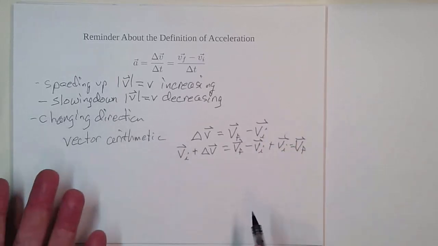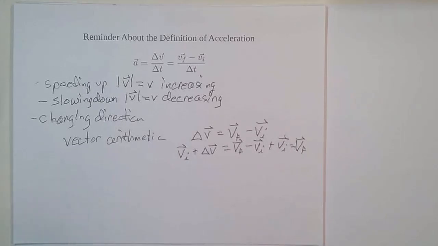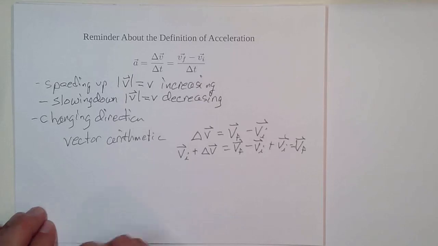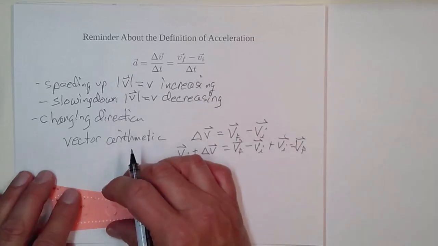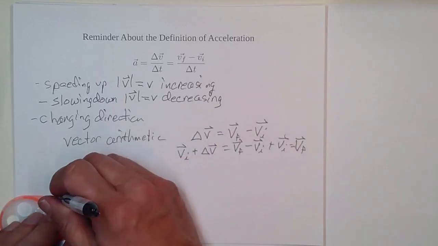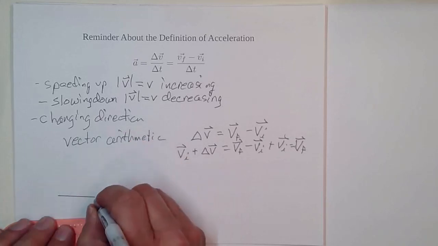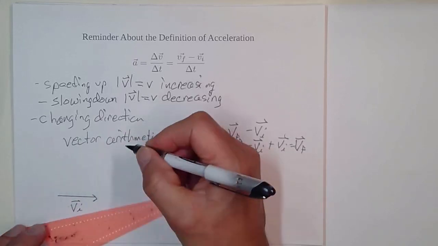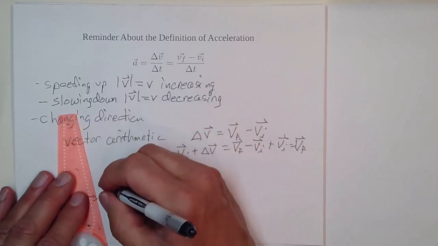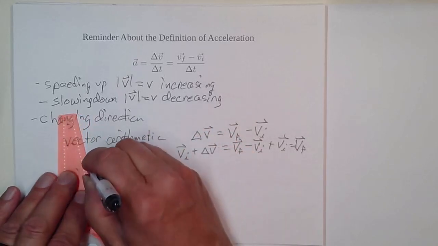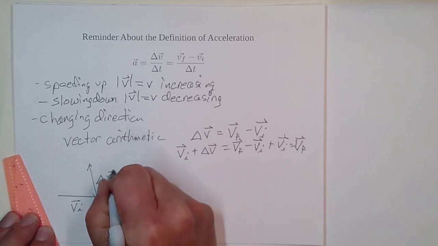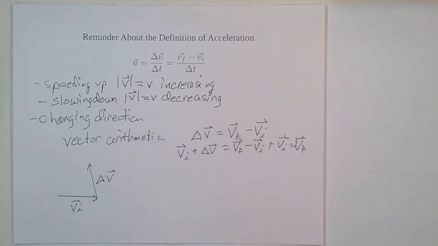Okay, now that's just kind of basic arithmetic, but I can draw this if I have an initial velocity that's in this direction, and maybe I've got a delta v that's in some direction like this. Delta v, remember the way we drew vector addition?